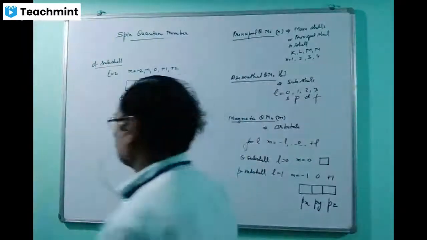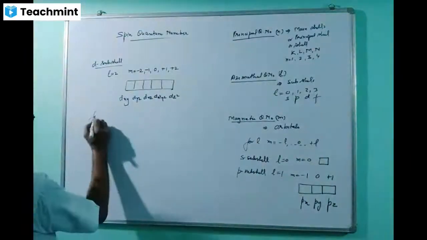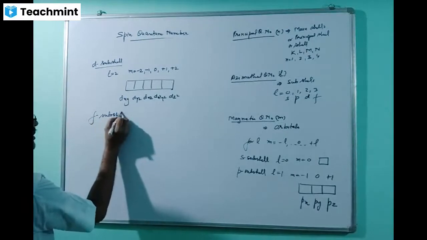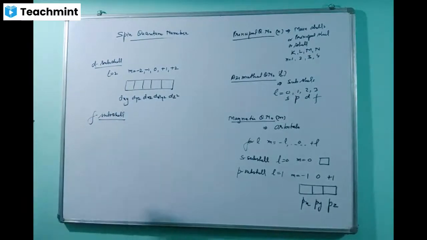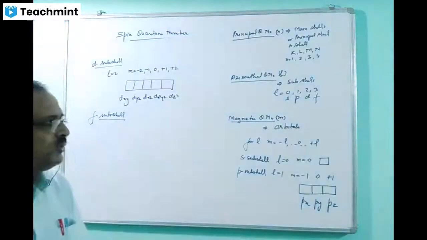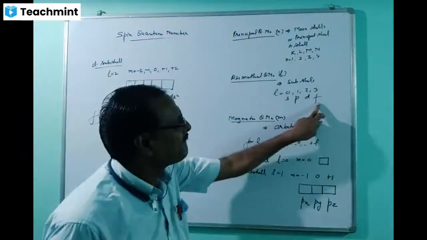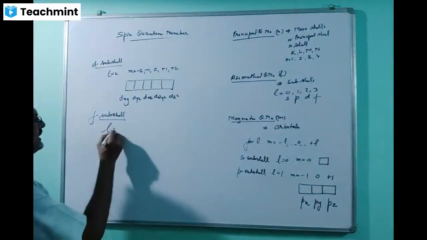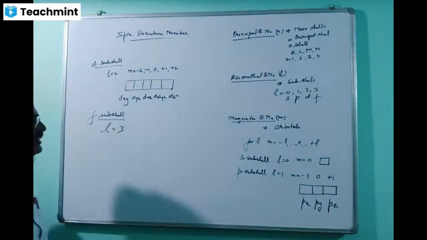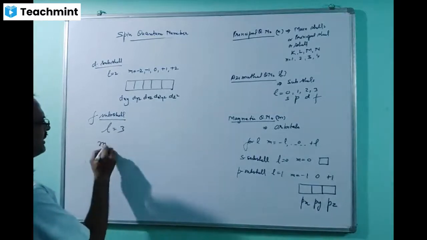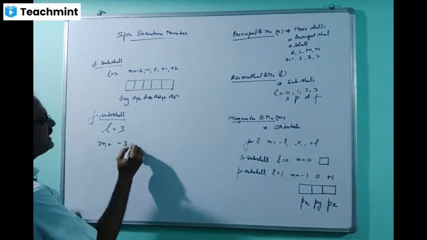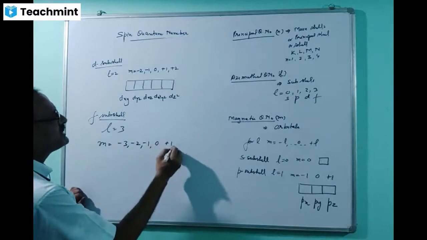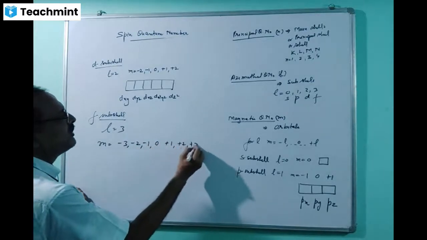Now, next one is the F subcell. For the F subcell, what is the value of L? 3. Yes, the value of L is 3. Then find out the value of M. M is equal to -3, -2, -1, 0, +1, +2, +3.